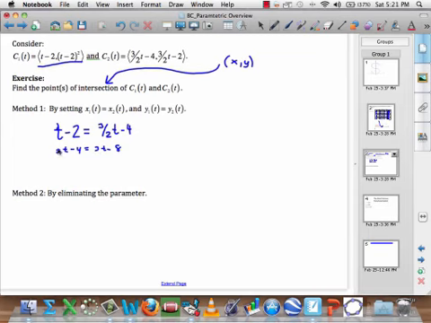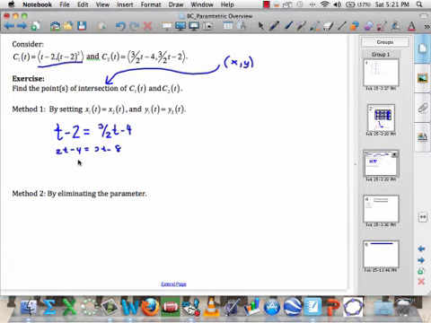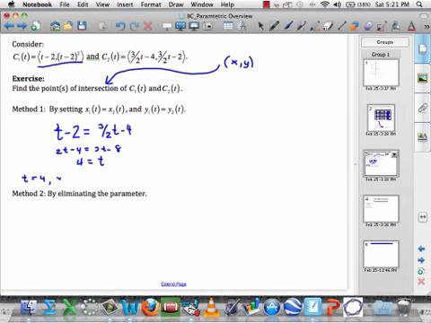If I subtract 2t from both sides and add 8 to both sides, t equals 4. So what does that mean? It means when t is 4, our x coordinates will be the same. So let's take a look. I should get a 2 on the left. Do I also get a 2 on the right? I'm going to get 12 over 2, 6 minus 4 is 2. So when t equals 4, x is equal to 2.